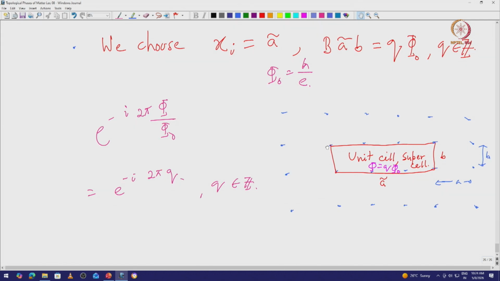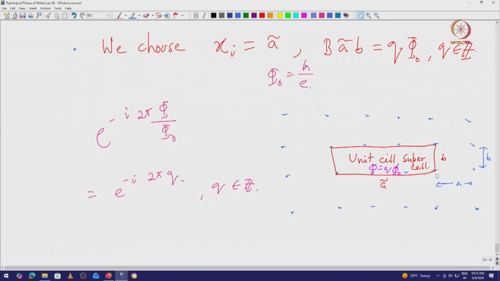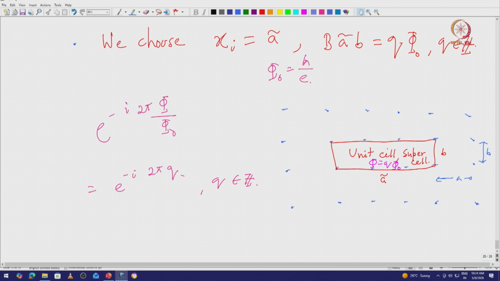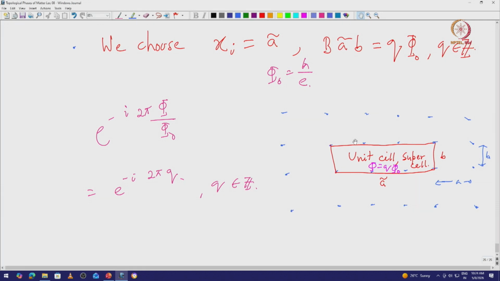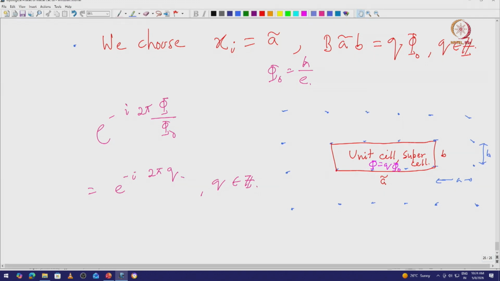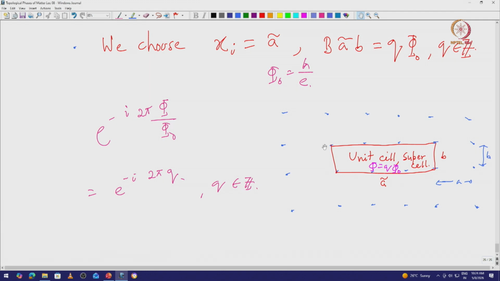And in this direction also it is the b direction. So, it actually forms a loop, and along this direction also it is a loop because from 0 to b the phase is anyway 2 pi because of the periodic boundary condition along the p direction. So, it actually forms a torus, and this is called the magnetic unit cell.